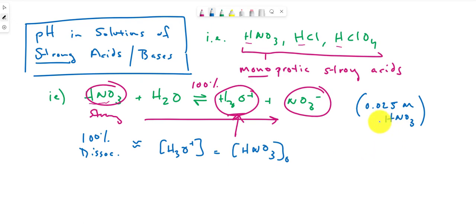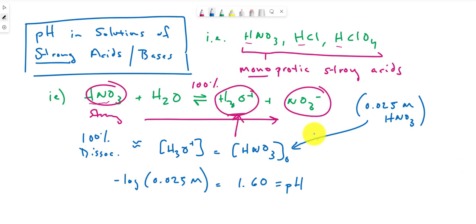And we also know that the initial concentration of that nitric acid was 0.025. So we could use 0.025 as the concentration of hydronium ion, again, assuming our knowledge that this is a strong acid and it will dissociate 100%. So if the goal was to compute pH here, then I would just do negative log of 0.025, because that is the implied concentration of H3O+.